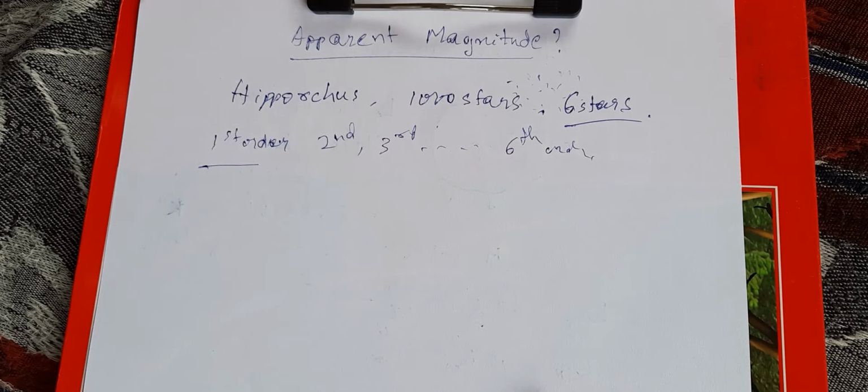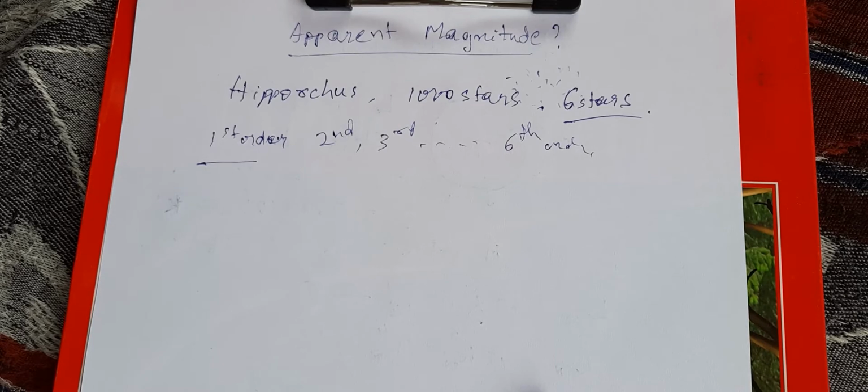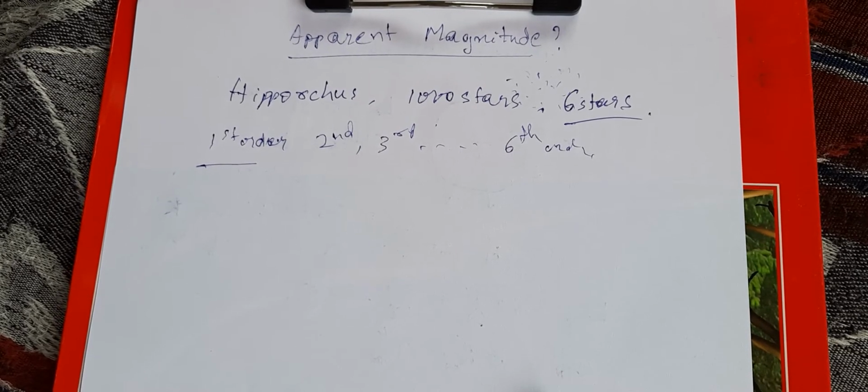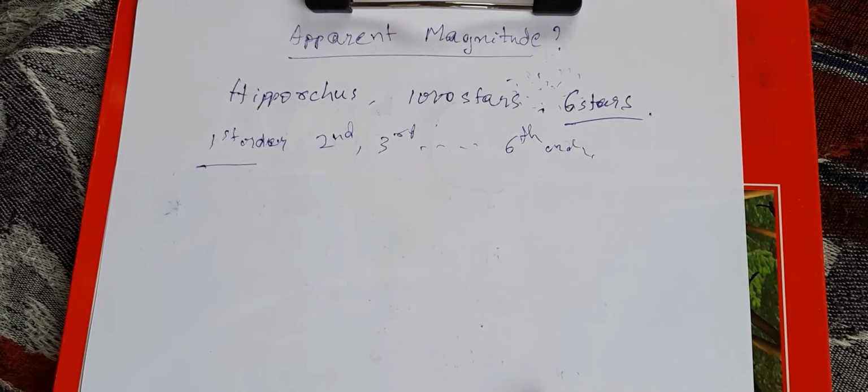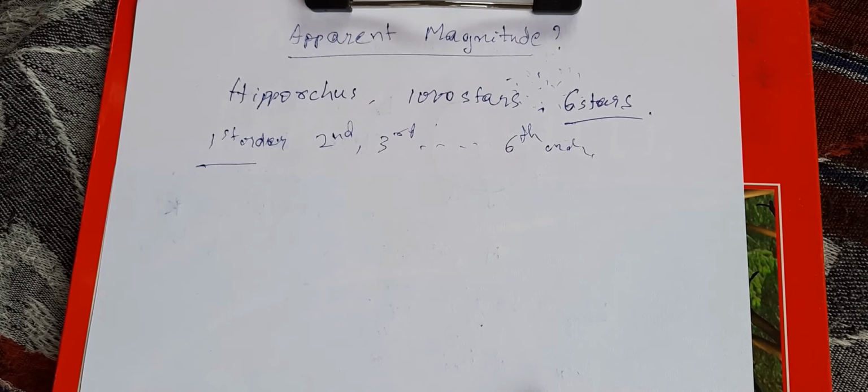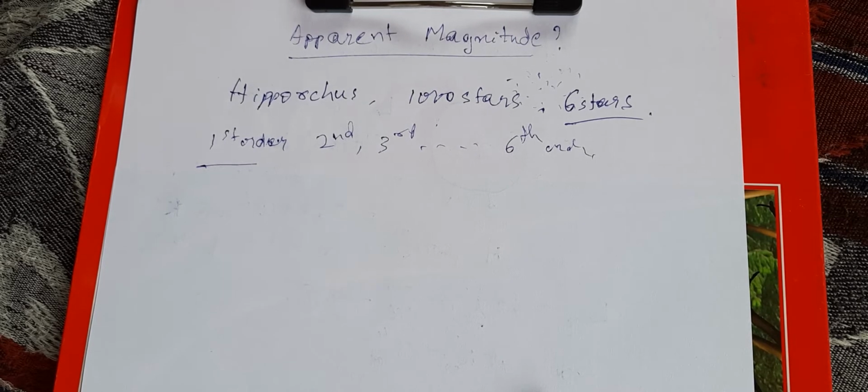Just like if a taller and a shorter person are standing at equal distance from us, you can find out the difference. Suppose the taller person is standing a little farther from us than the shorter person, then both of them may look equally tall. If the taller person is made to stand too far, then the size of the shorter person may look larger than the size of the taller person.